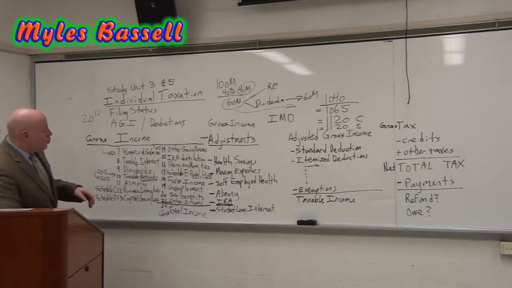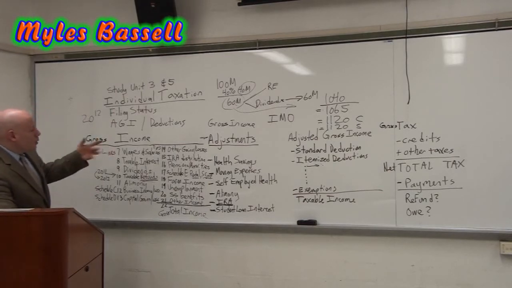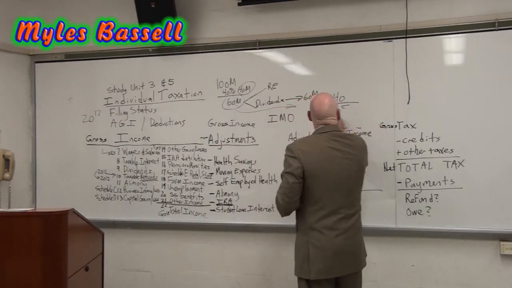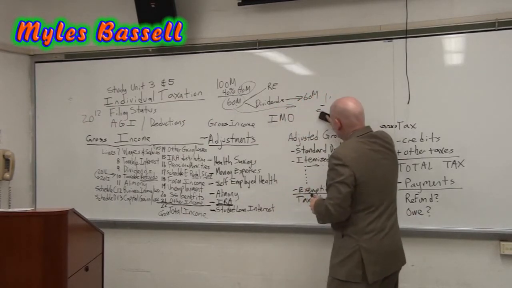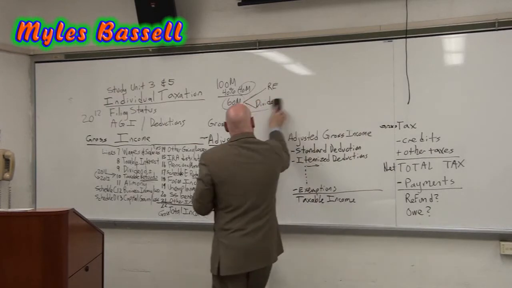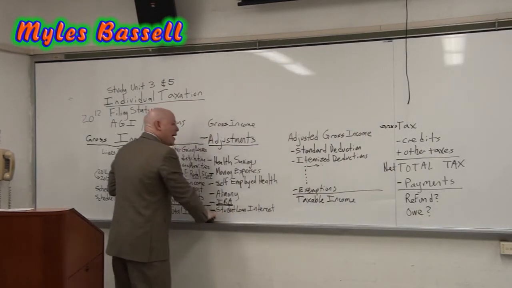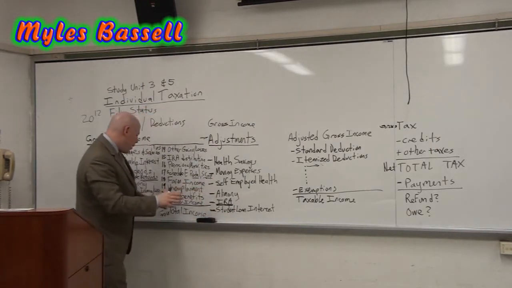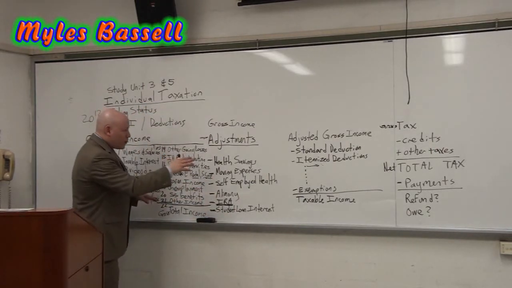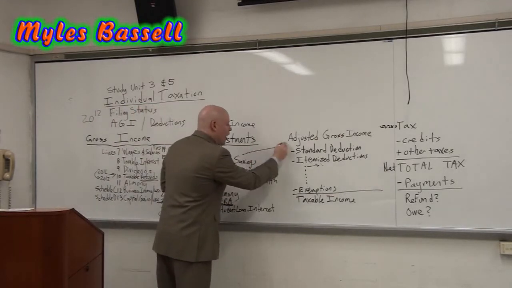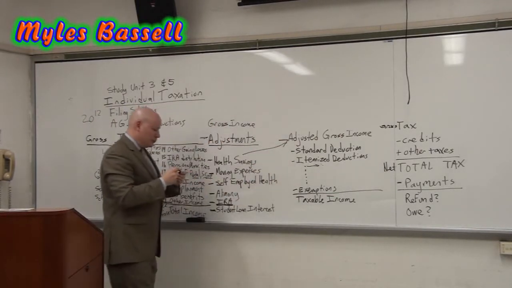And after we make those adjustments from the gross income, we get our adjusted gross income. When we subtract the adjustments from our gross income, we get our adjusted gross income.